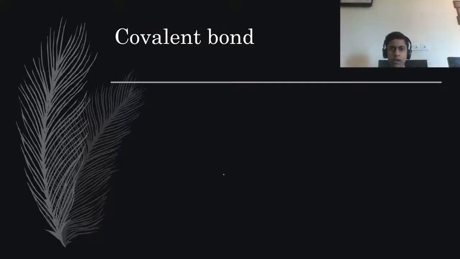Covalent bond. What is a covalent bond? Let's look at it in simpler terms. A covalent bond is when two atoms or species share electrons. Now let's take an example. Let's say we have Ram and Mohan. Let's say they have 6 electrons in the outermost shell for simplicity.